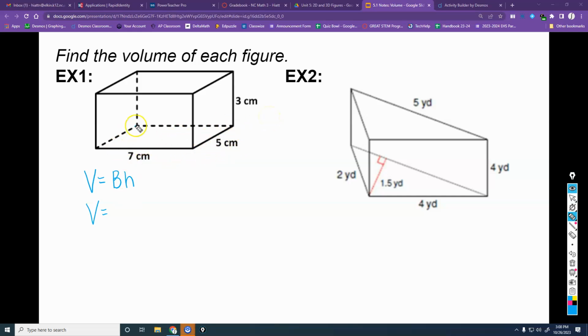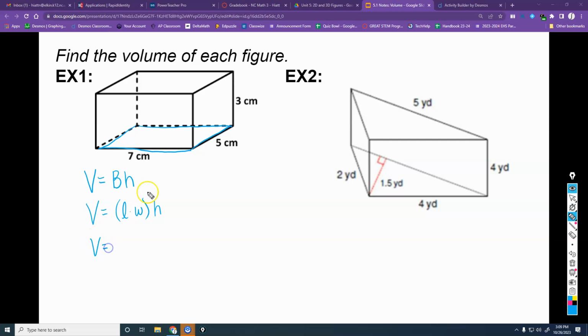It really doesn't matter which rectangle you use as your base. I like to use the one on the bottom, but the base is not always necessarily on the bottom here. And to find the area of that base, it's just your length times your width. And then we're going to multiply by the height. So a lot of times whenever you do this formula, rather than thinking base times height, you do length times width times height, which is also true.